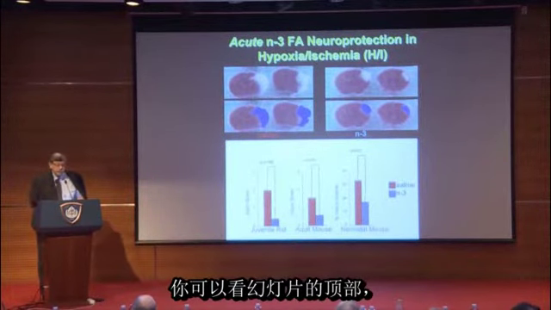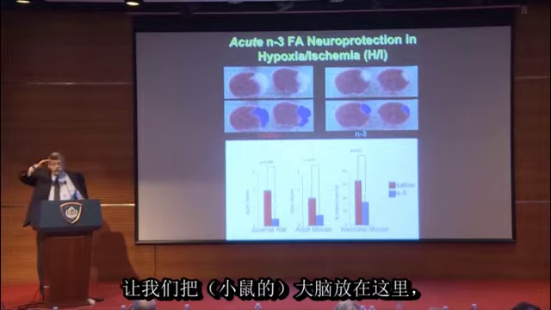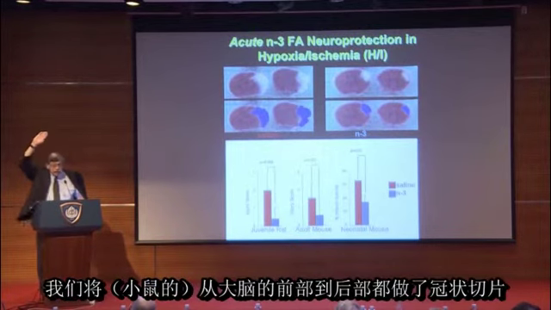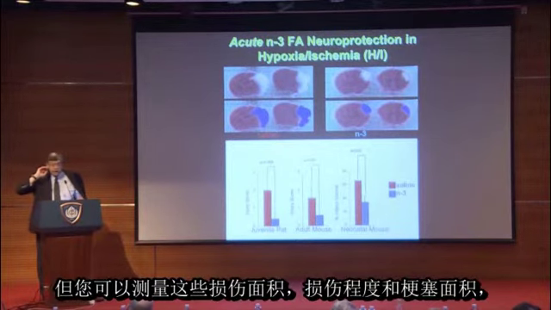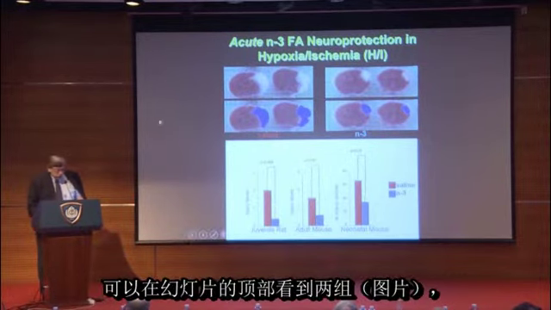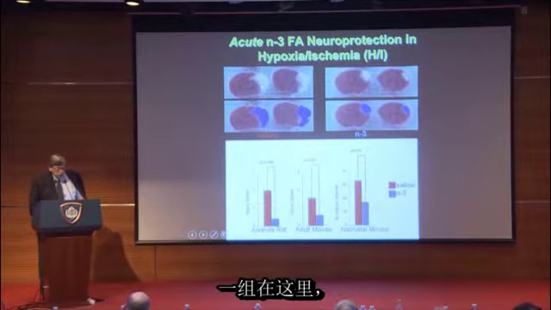On the top part of the slide, we do coronal sections from the front to the back of the brain. I'm not showing them all, but you can quantitate the areas of injury, the degree of injury, and the infarct size.